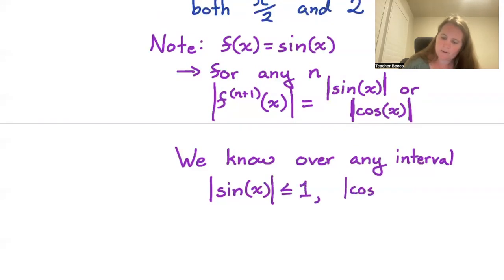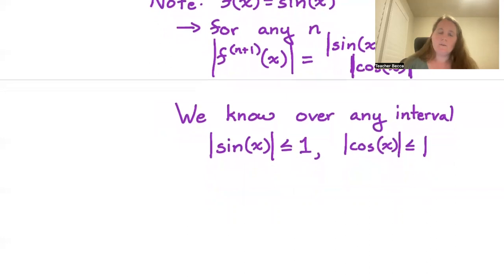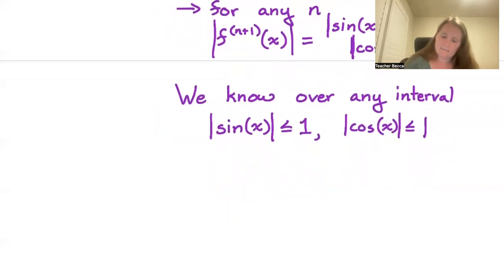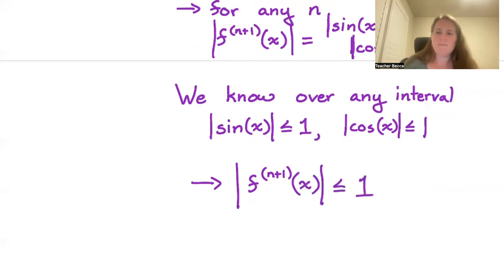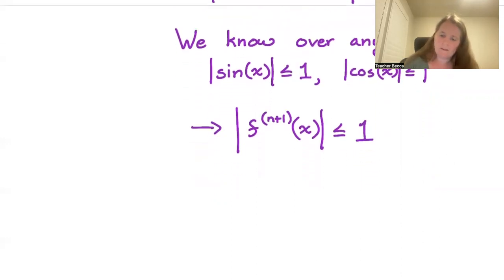Absolute value of cosine x is less than or equal to 1. So what we get is that the absolute value of the n plus first derivative of f must be less than or equal to 1, just in general.